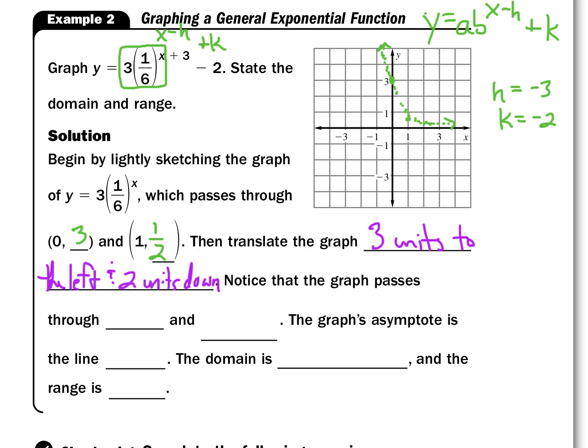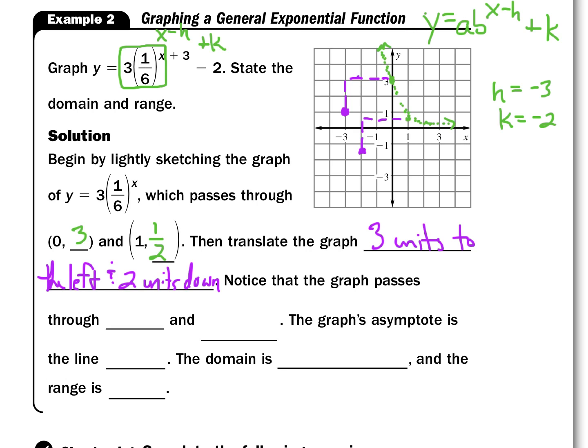If I go 3 to the left, 1, 2, 3, and 2 down, 1, 2, one of my new points is right there, and then for the other, 3 units to the left and 2 units down, my other new point is right there. Notice that my asymptote now shifts down 2 units as well.